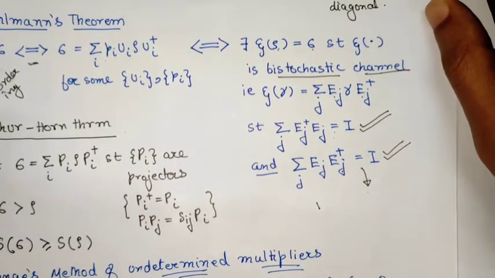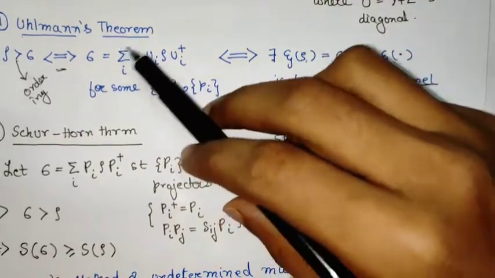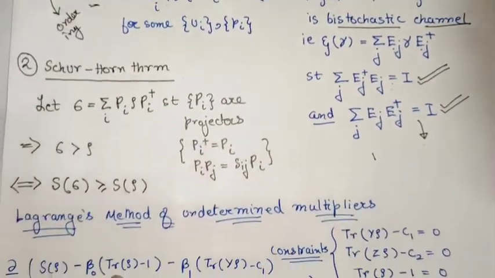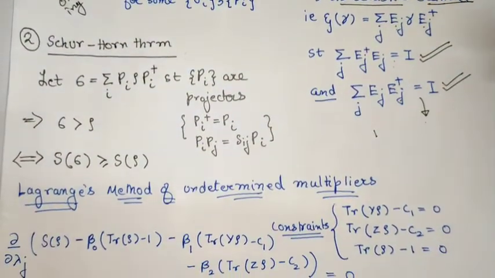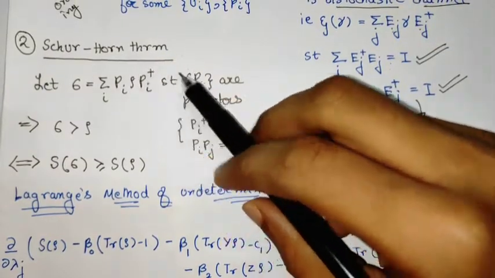So with this understanding of Uhlmann's theorem, we go to one more variation of it, which is called the Schur-Horn theorem.